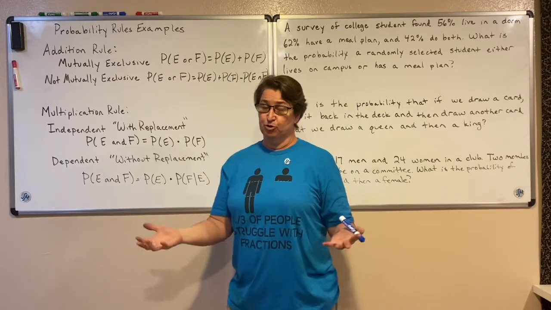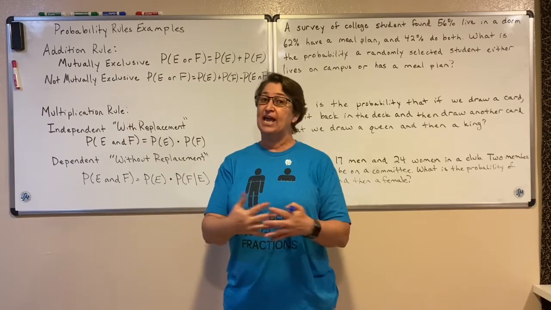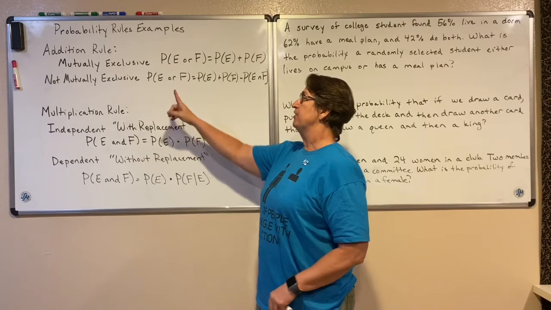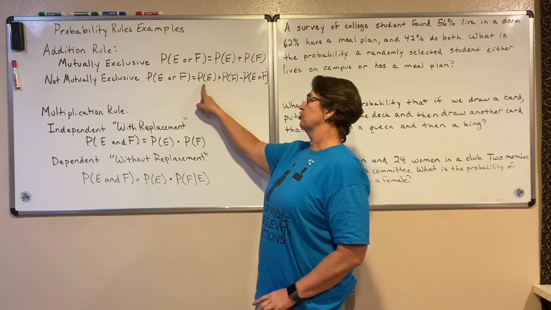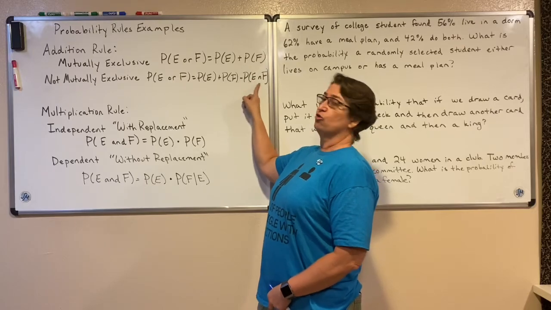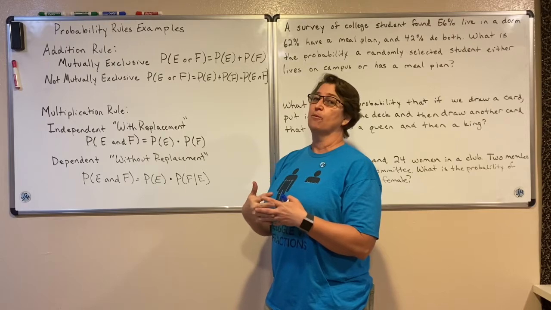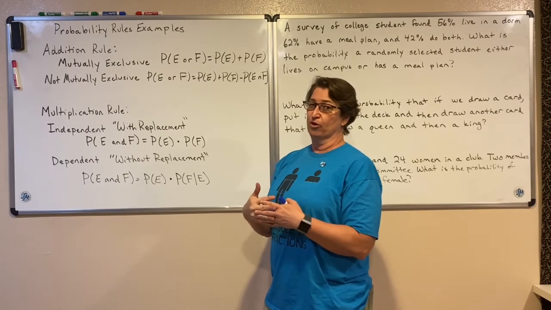If they're not mutually exclusive, in other words, if there is some sort of overlap, if they can happen at the same time, then we take the probability of the first one plus the probability of the second one, and we subtract their intersection, where they are overlapping. We subtract that probability where they overlap.